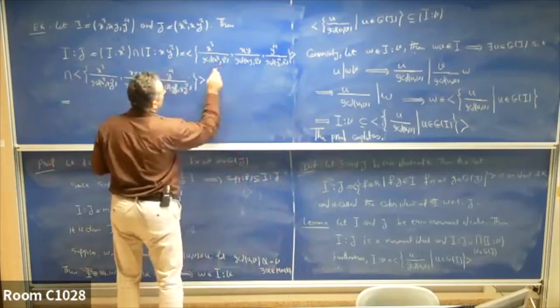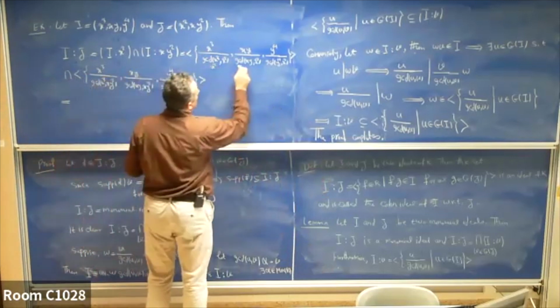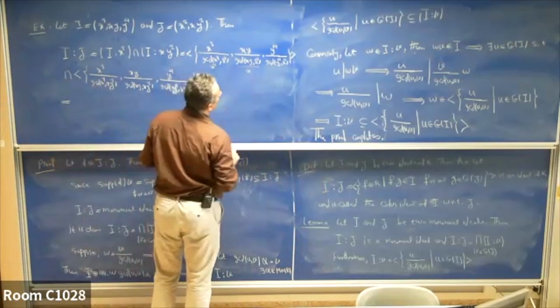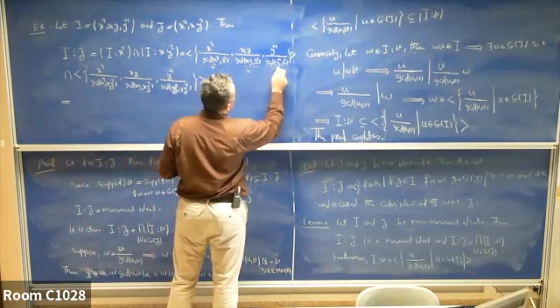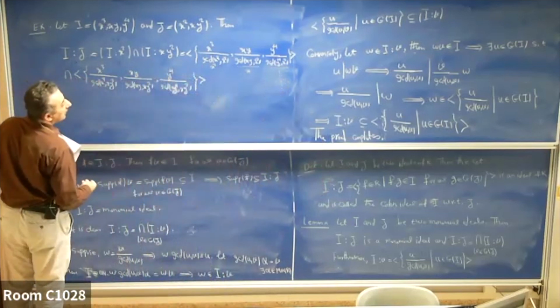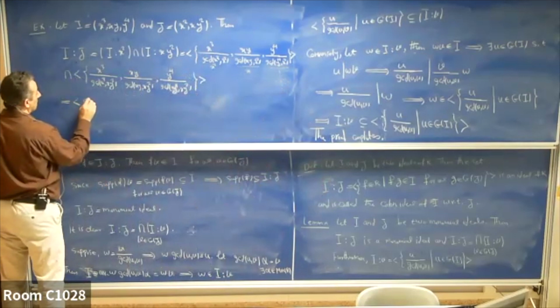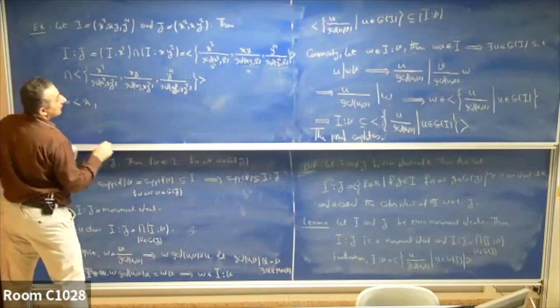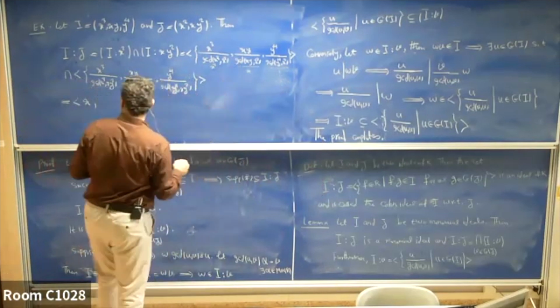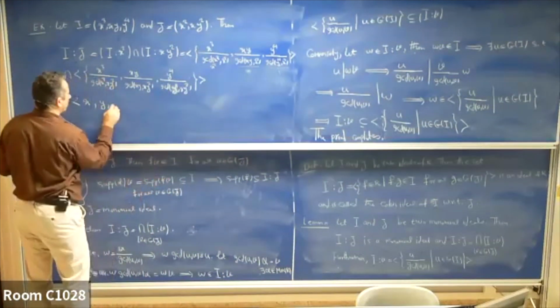This one, the GCD is x². So this one, the GCD is x. And this one, the GCD is 1. So this one, x, this one, y, and this one, y⁴.